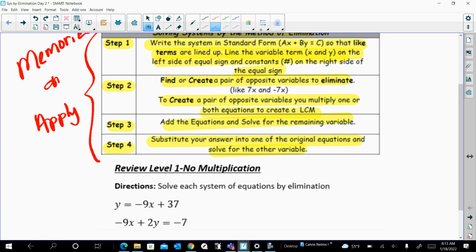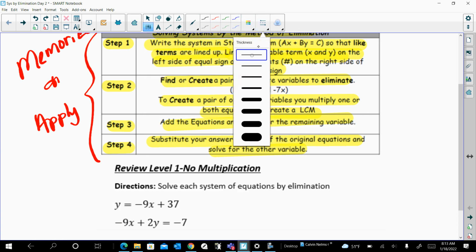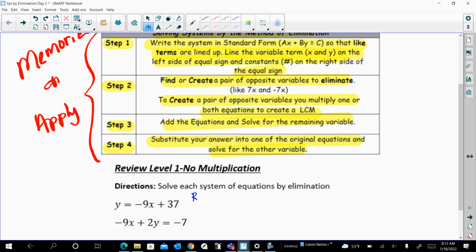So we are going to rewrite in standard form. So in standard form, your variables are on the left side of the equal sign.